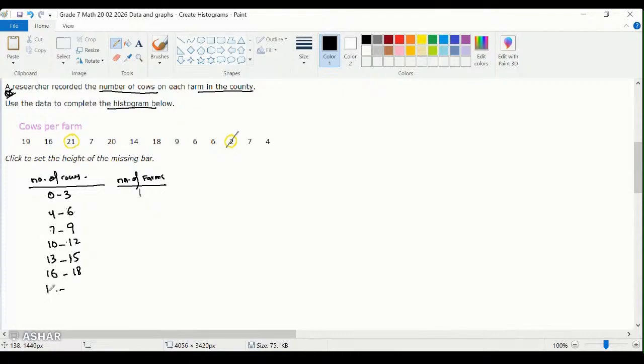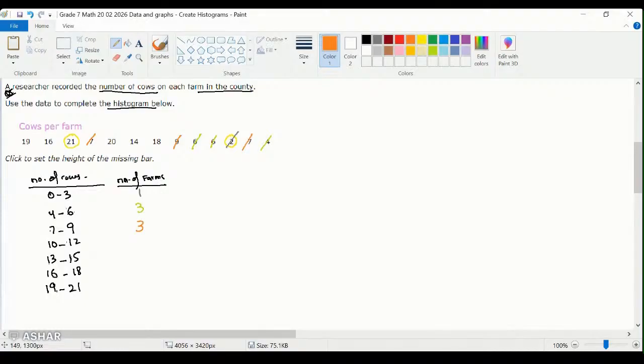We have 19, 20, and 21. Okay. So between 0 and 3, there was a single farm. Between 4 and 6, we had 1, 2, 3 farms, right? Between 7 and 9, we had 3 farms.